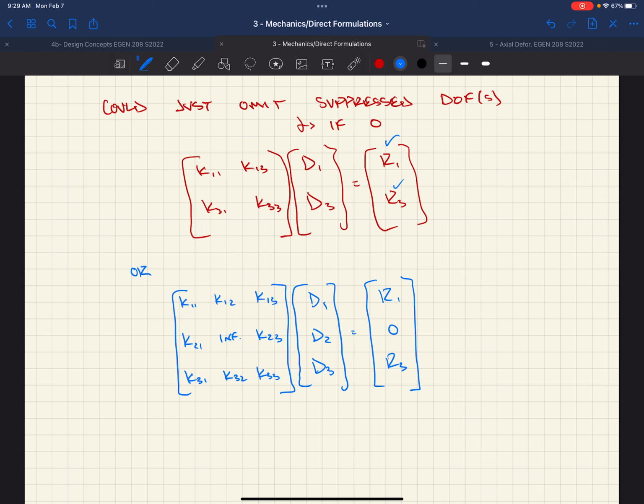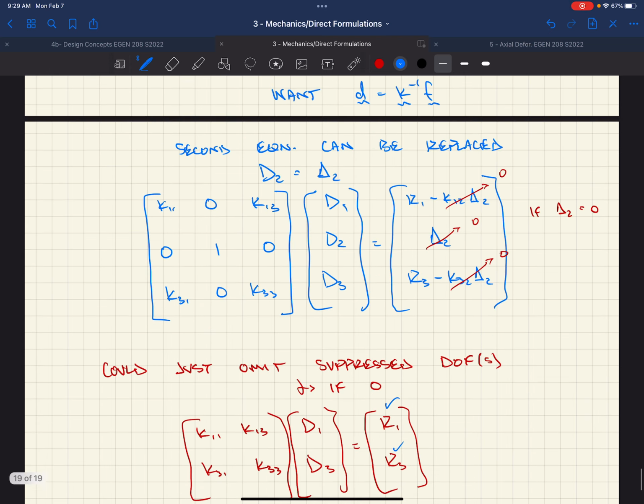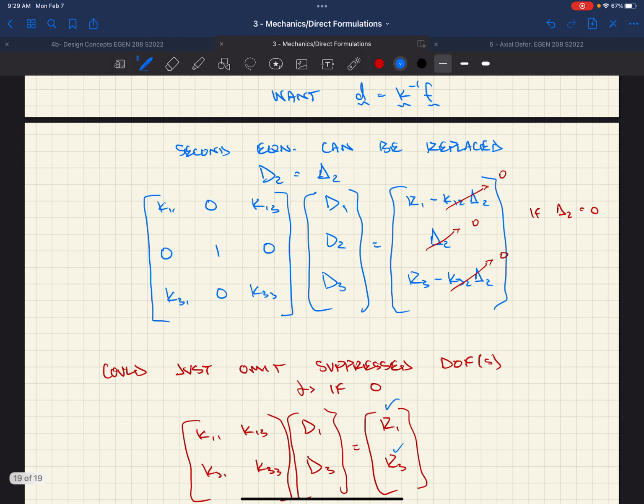We would solve, right? Solving this is only going to give you the displacements that are outside of the boundary conditions. Then we'd go back and calculate your overall forces. Okay. Personally, I like that method where it goes zeros and ones, but it's a little harder to program.